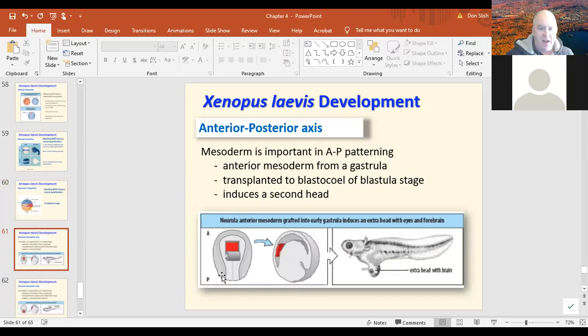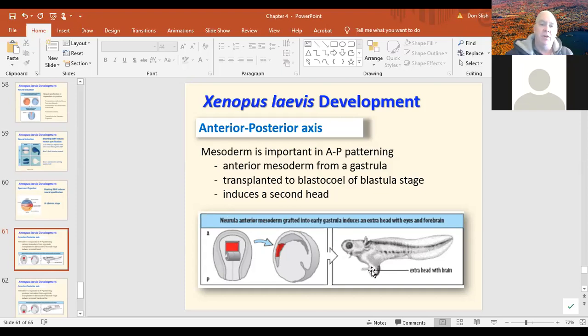In this one, they take a gastrula and they pull the neural tissue out and grab some of the mesoderm that's underneath it in the anterior part of that gastrula. And now they're going to a blastula here, and they're putting that anterior mesoderm in the ventral side of the blastula, and they end up getting two axes, and they actually get a brain over here in this head.